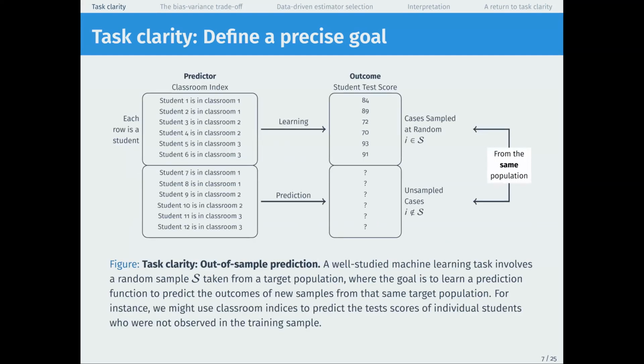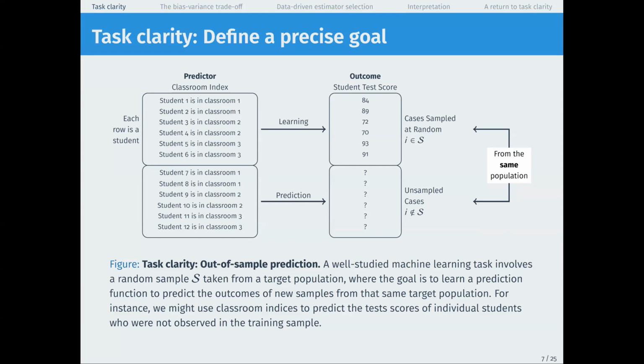I'm now going to show you that goal framed more like a machine learning person might put it. At the top part here, we have what we might call a training sample. We have a set of students drawn at random from some population. Students 1 and 2 were sampled for the training sample, and they're in classroom 1. Students 3 and 4 are in classroom 2, and 5 and 6 are in classroom 3. For these students in our training sample, we get to observe their test score outcome.